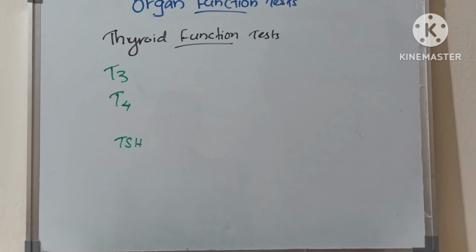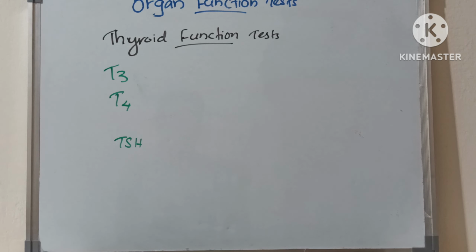Next organ function test is thyroid function test. Thyroid secretes two main hormones. These are T3 or triiodothyronine and T4 or thyroxine. The amount of T3 and T4 is regulated by the pituitary gland. If the level of T3 and T4 drops, pituitary gland reacts by secreting a hormone called thyroid stimulating hormone or TSH.